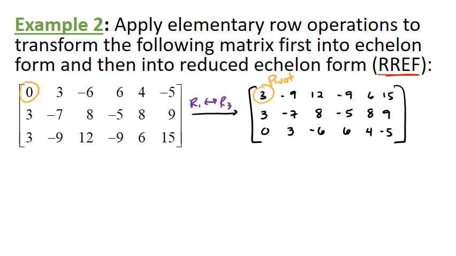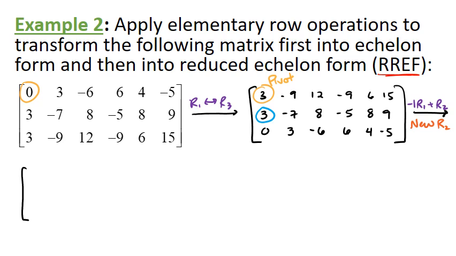One of those is already 0. This, however, is not 0. So what I want to do is make that a 0. And the way I'm going to do that is I'm going to take -1 times row 1 and add it to row 2. This will become my new row 2.